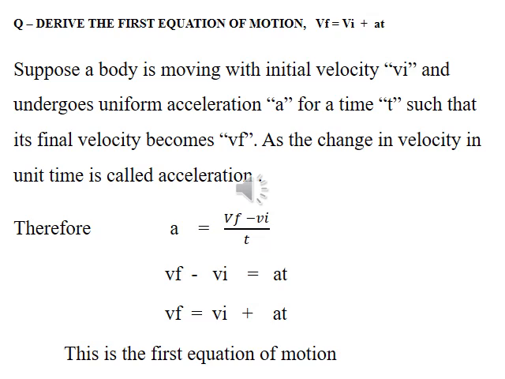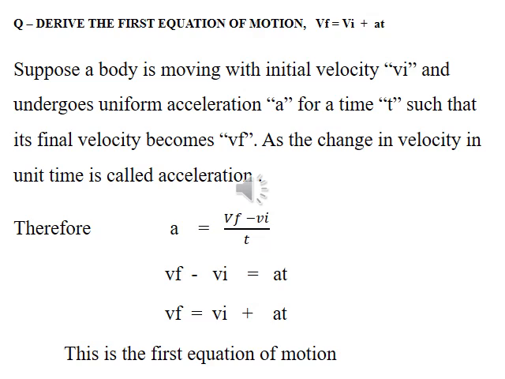Therefore, we can write it like that: A equal to Vf minus Vi divided by t. In this equation, t is divided, so we multiply t on the other side. So the equation should be Vf minus Vi equal to At.